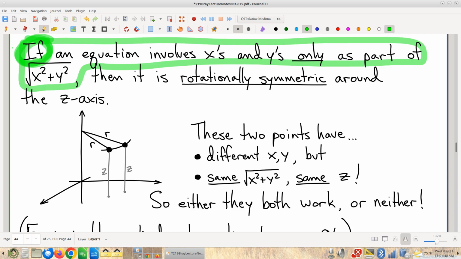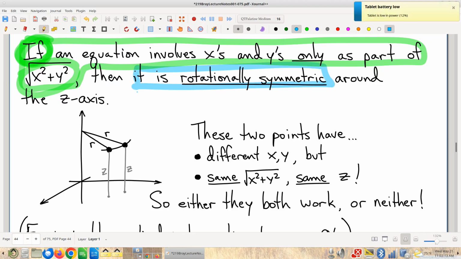But if x and y appear in the equation only as part of this expression, square root of x squared plus y squared, I mean, there's plenty of examples. We'll see some examples that follow where there just aren't any x's and y's in the equation other than as part of that expression. Then we get an awesome conclusion. Then that surface is rotationally symmetric, specifically around the z-axis.